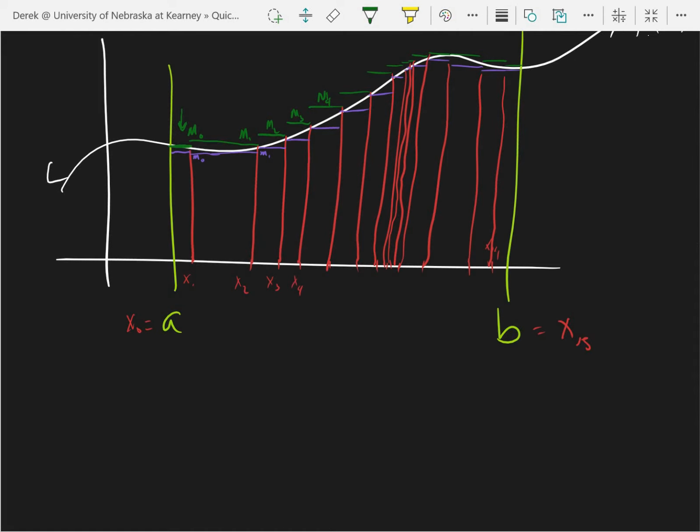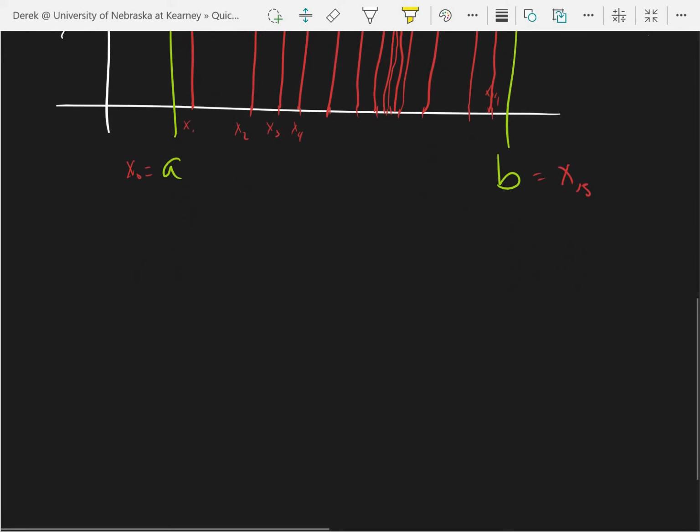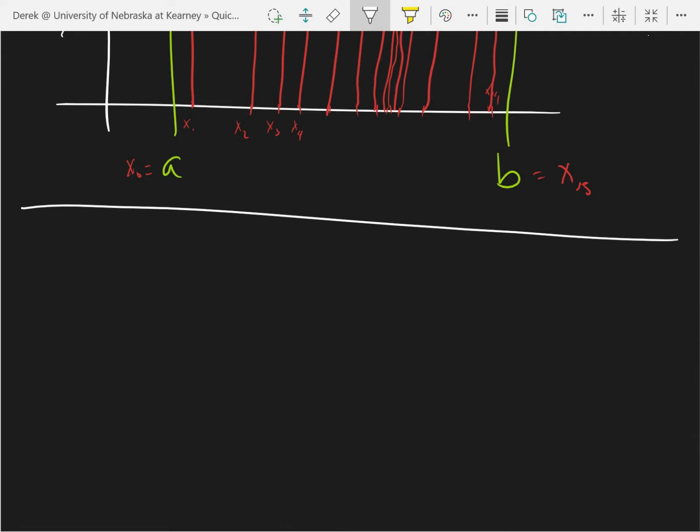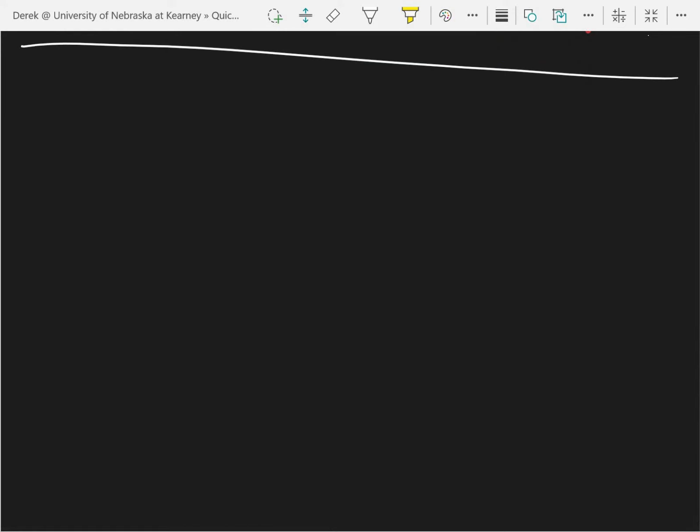So let's actually put some definitions together for these things, and then we're going to see how they work together to talk about integration. So, some definitions.